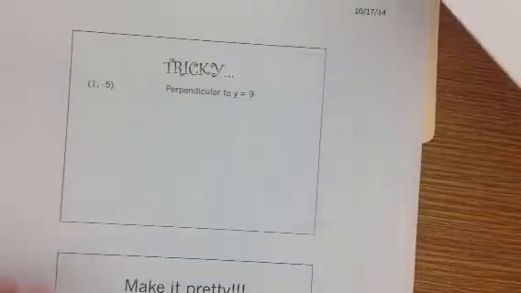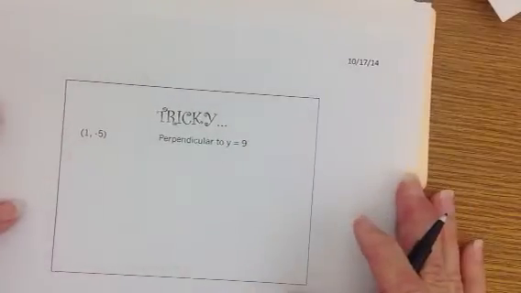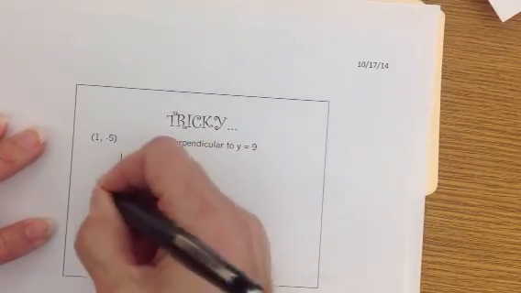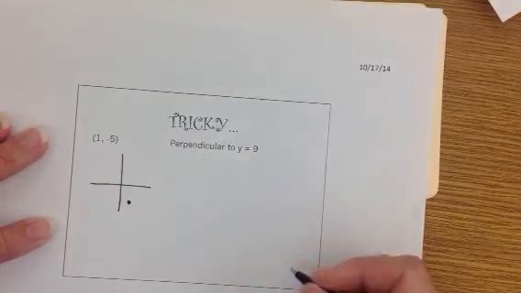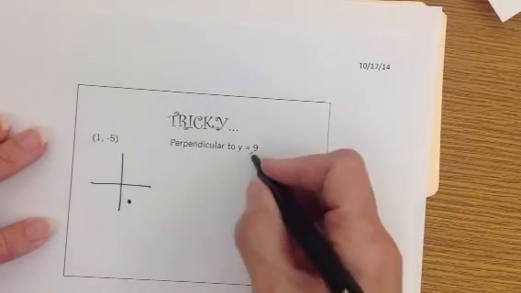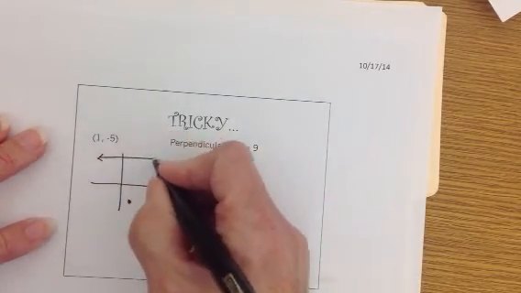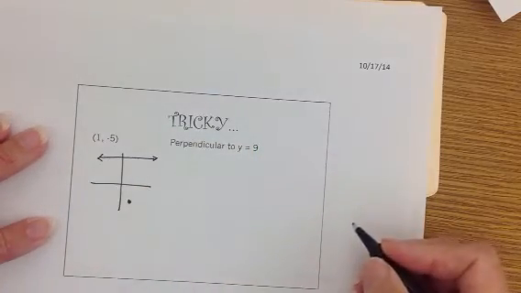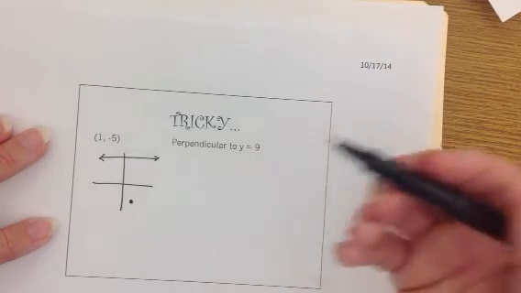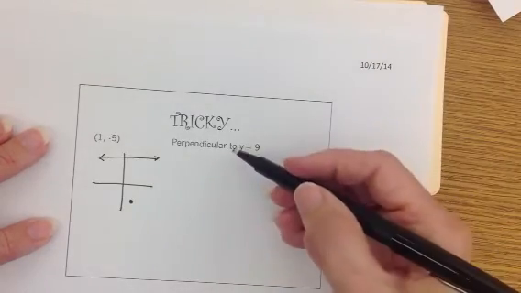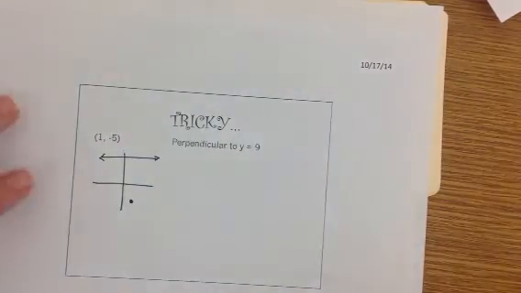And the last tricky one is right here. Again, draw yourself a picture if you need. So (1, -5) maybe is down here, and I want a line perpendicular to the line y equal to 9, which might be way up here. Y equal to 9 cuts through the y-axis, so it's a horizontal line. It has a slope of 0. I want a line that is perpendicular to that line.